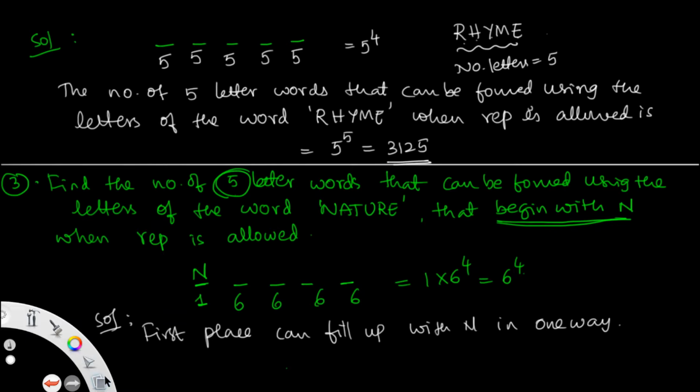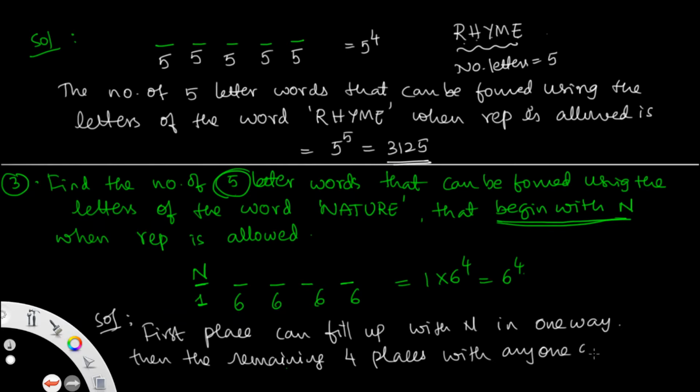Then the remaining 4 places with any one of 6 letters in 6 ways each.